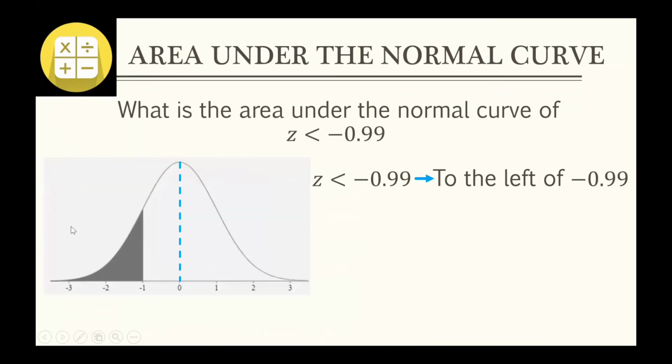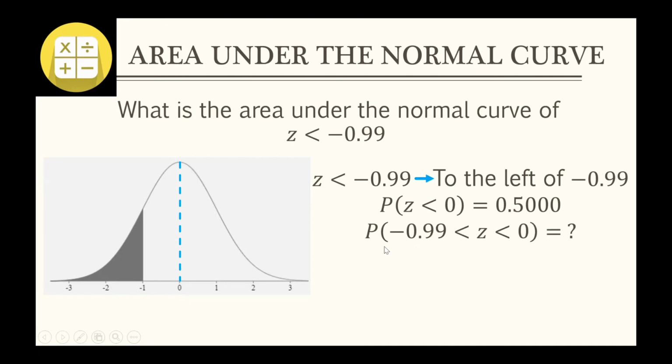Drawing the normal curve, we have here the shaded region from negative 0.99 to the left side of the normal curve. Take note, the center of the normal curve is the mean or at 0. We're going to take note that the probability of z less than 0 or from 0 to the left side, that is 0.50.